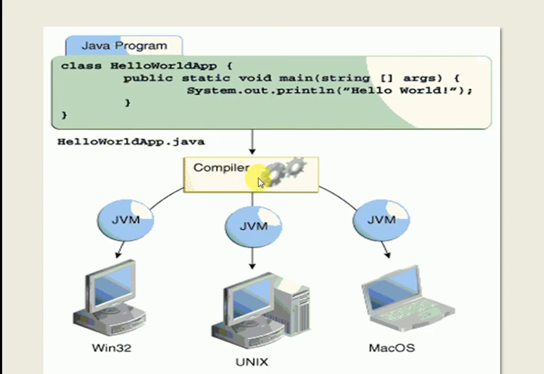I first compile it, and the actual source file is compiled and a .class file is generated. It is given to the JVM, and the JVM will produce the actual program interface, which is also called the Java programming API, application programming interface, and it will collaborate with the operating system. Suppose it is Windows, then Windows will show the output. Suppose Unix, then it will show the output. Mac OS, it will show the output.